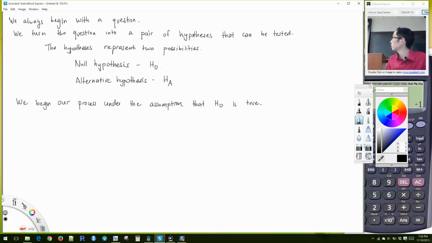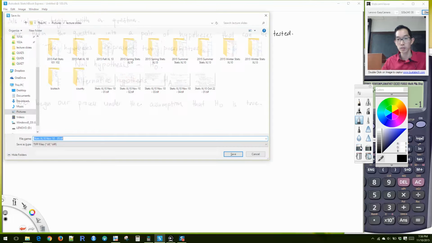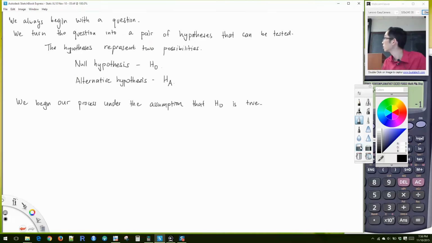Okay. So we begin our process assuming that one of these statements, specifically the null hypothesis, is true. Okay? And if that thing is true, then essentially the world should look a certain way. Okay?